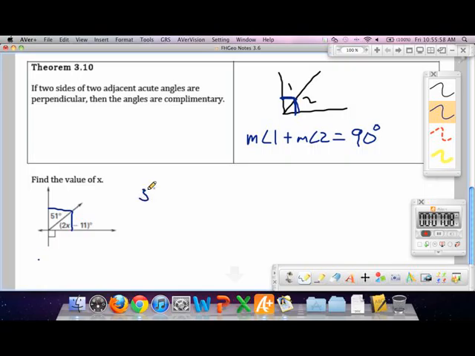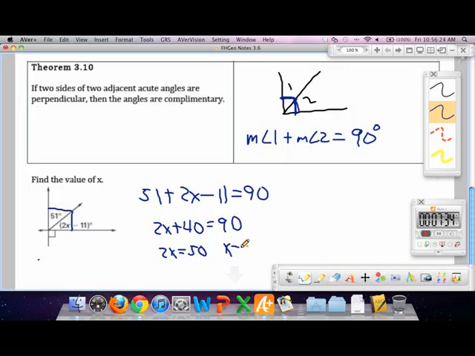Then you'd be allowed to write this equation. From here, now that you've left the geometry realm and entered the algebra realm, now you could solve this equation to figure out what x needs to be. So you could say what? 2x plus 40 is 90. 2x equals 50. x therefore is 25.